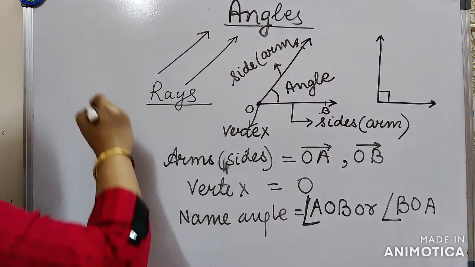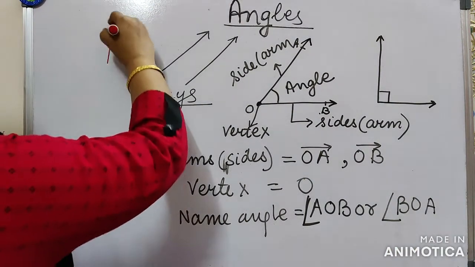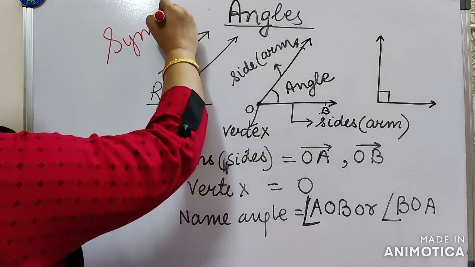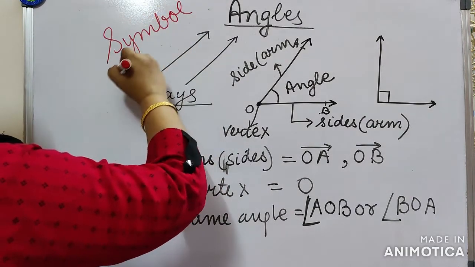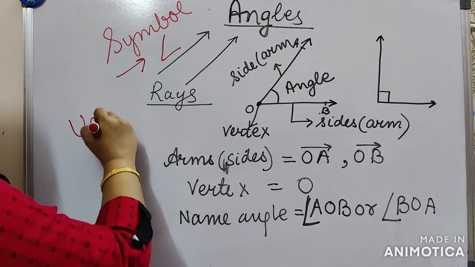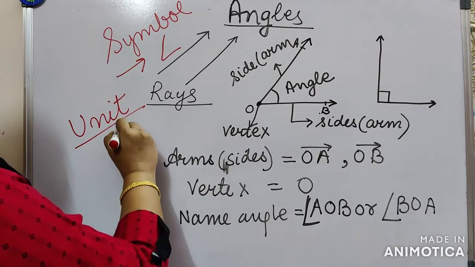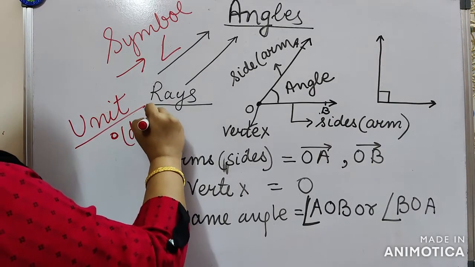So children, the symbol of the angle is this, right? The unit is degree. The unit is degree.